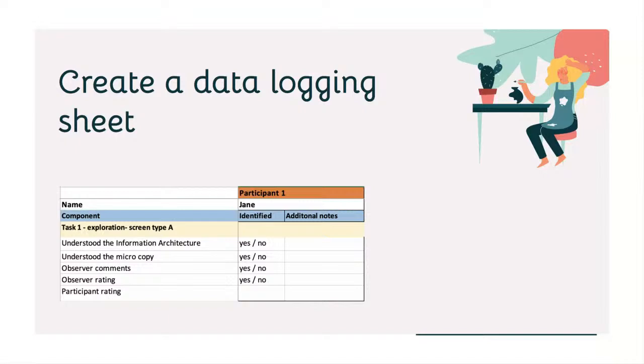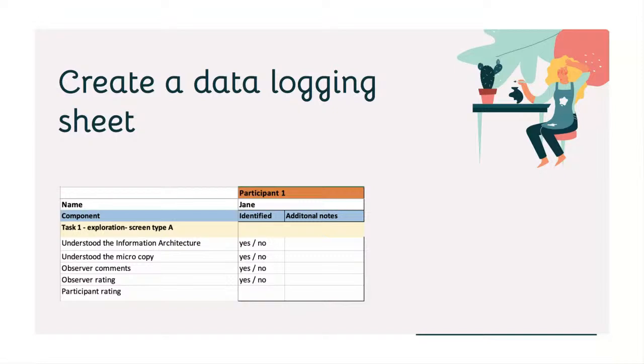Also, we ask the participant to give us a rating when the tasks are done. That would be from 1 to 7, 1 being very difficult and 7 being very easy. If the participant found it really easy to do, they will say 7, and you can write that rating down as well.